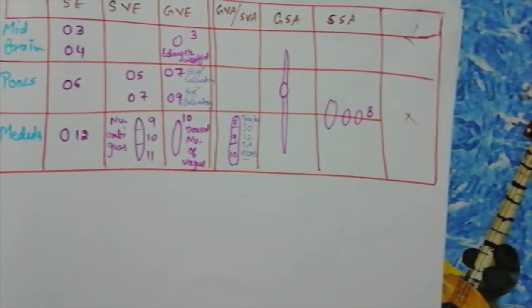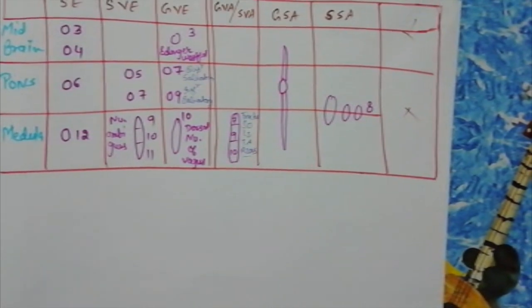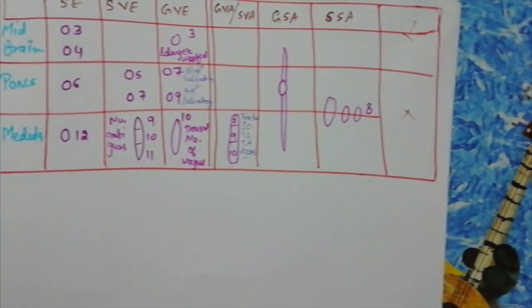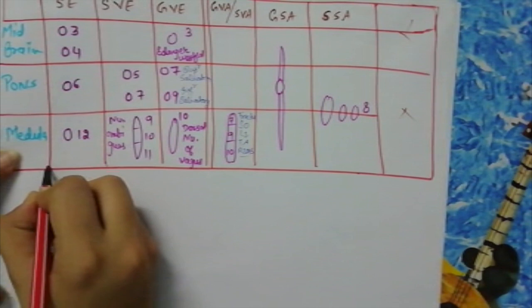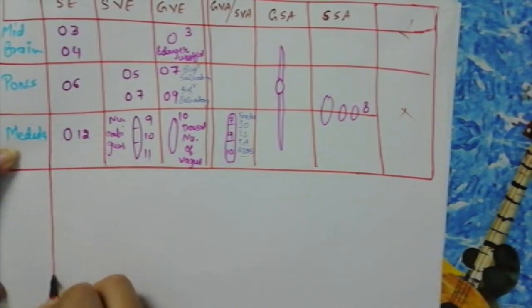So this is one table, and in another table I'm merging the other table with this table to make it more simple.